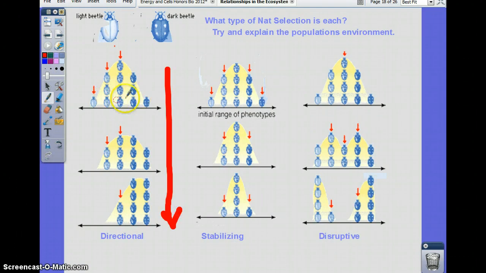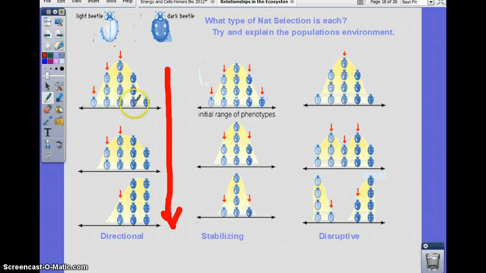So this is the original population, which consists of a perfectly balanced environment with light blue beetles, medium blue beetles, and dark blue. And over time, all that's left is dark blue beetles. Something happened in the environment that led to this. And a good explanation would be, in this perfect scenario, you had a variety of colors of flowers, and these beetles were all able to camouflage within the flowers.